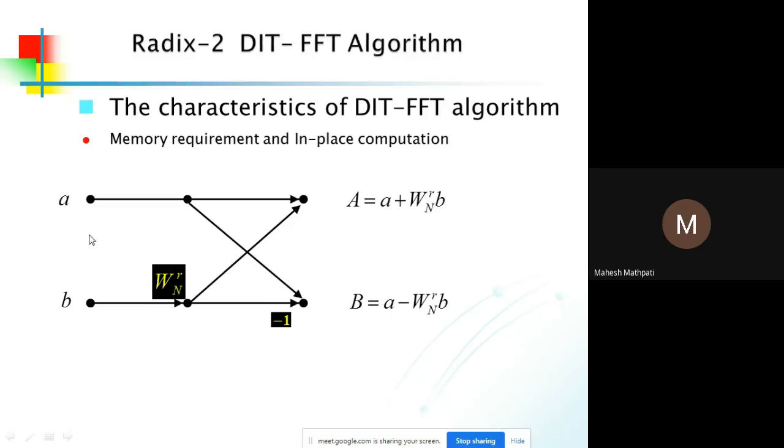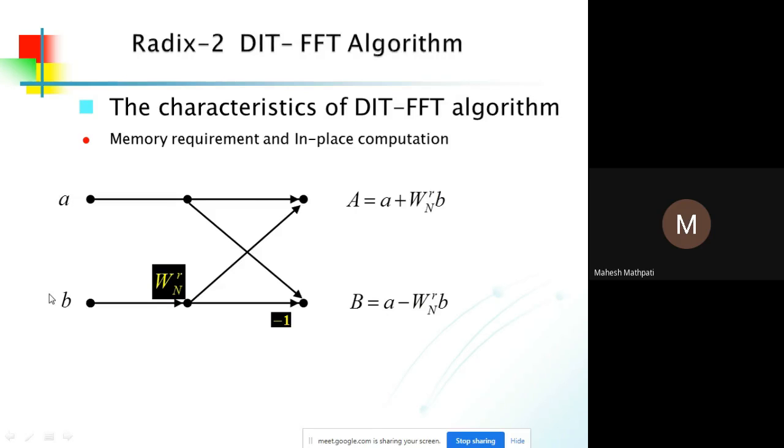How many memory locations? Four memory locations, meaning you have to store the value of small a, small b, capital A and capital B. So in this butterfly diagram and in this FFT algorithm, once you are calculating capital A and B, there is no need for small a and small b. Once you know the values of capital A and capital B, there is no requirement of storing small a and small b.